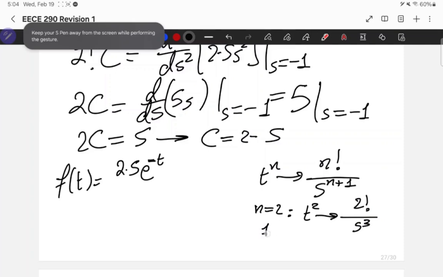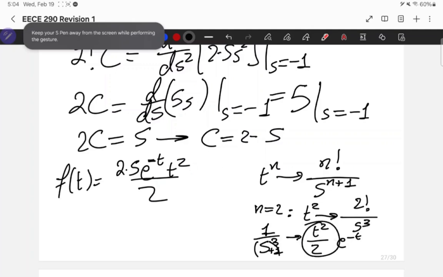So the inverse Laplace of 1 over s cube is t square over 2. And I multiply by an exponential, so I shift here by plus 1. So I already have the exponential, so I need t square over 2.